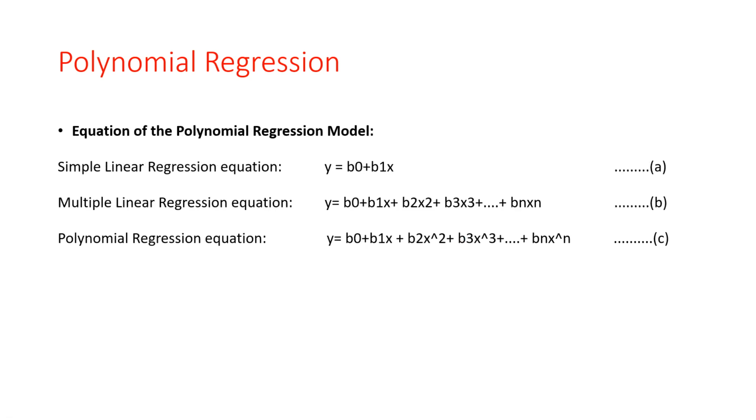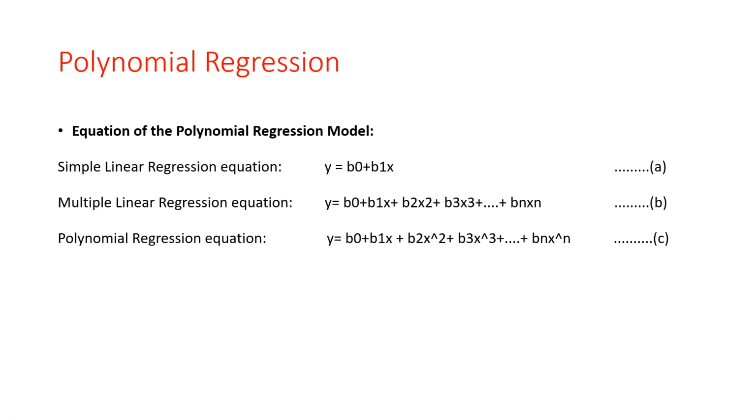We already discussed the equations for simple linear regression and multiple linear regression. Here we are comparing linear regression with the polynomial regression equation. In the simple linear equation, what is our equation? Y equal to b0 plus b1x.